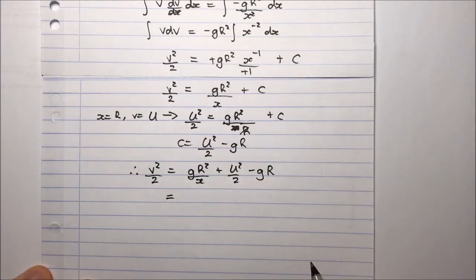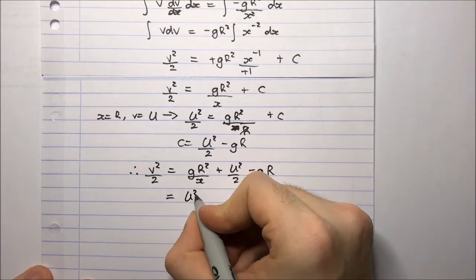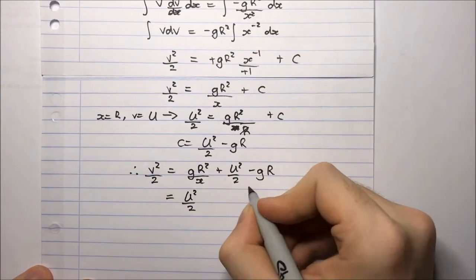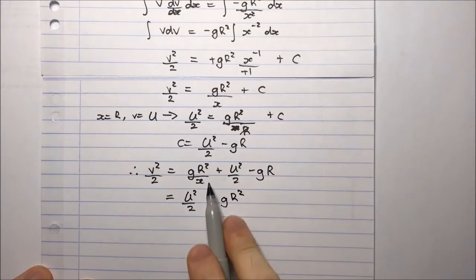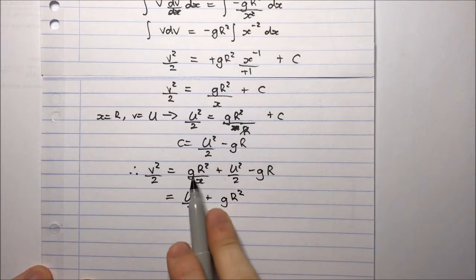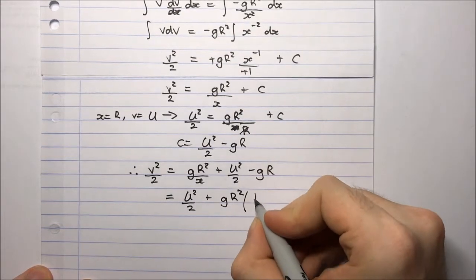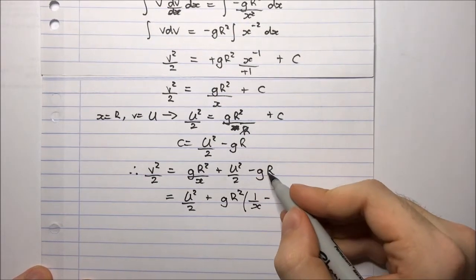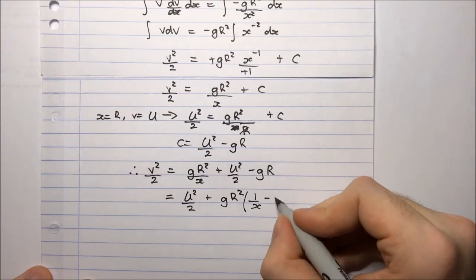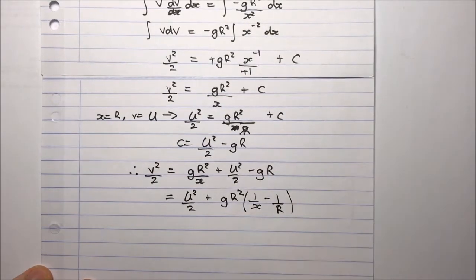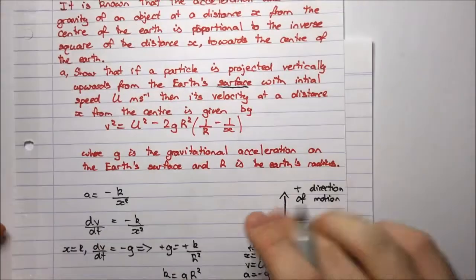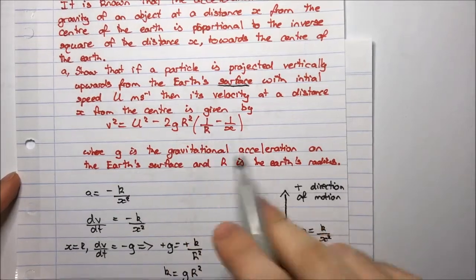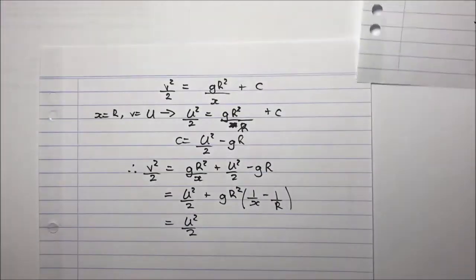Okay, now we just have to put it back into the form that the question wants. So let me bring this u squared on 2 out the front, plus gR squared. Now if I factor out a gR squared from both of these terms, from the first term I'm left with 1 on x. From the second term I'm left with a 1 over R. Now the question itself had a minus out the front here, had the 1 on R and 1 on x flipped around the other way.